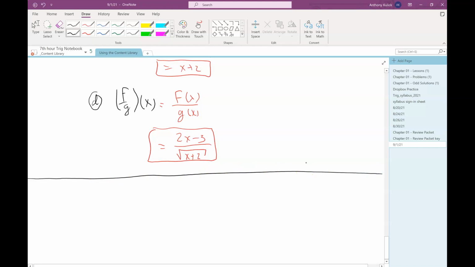There's a fifth operation that involves functions that doesn't have a direct analog to an operation we use with real numbers, like addition, subtraction, multiplication, division. That operation is called composition. Let's define that now.